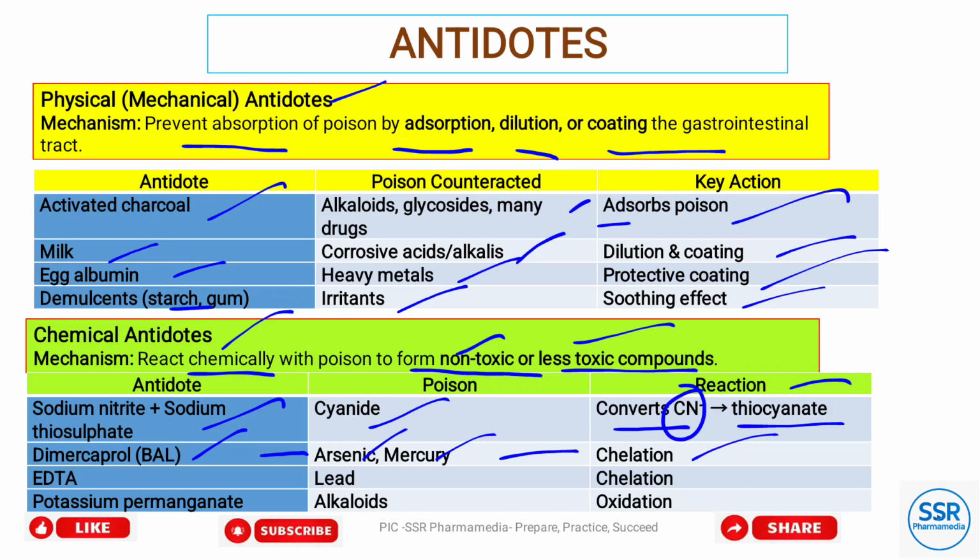Chelation means forming a complex between the poisonous substance and the antidote. EDTA counteracts lead poisoning, acting by chelation. Potassium permanganate removes alkaloid poisoning. It acts through oxidation: potassium permanganate oxidizes the alkaloid, reducing the toxic substance into a non-toxic substance.